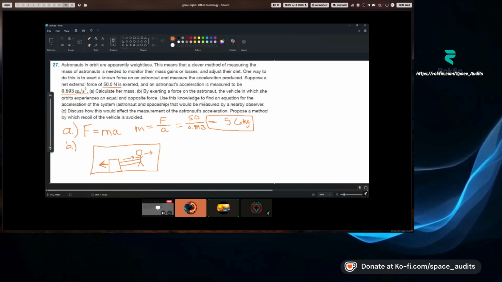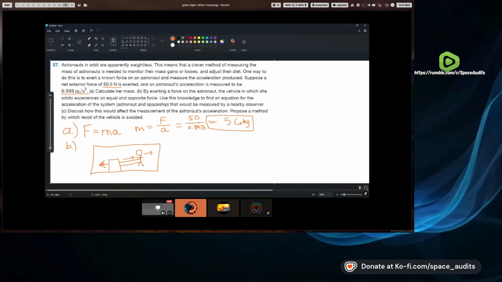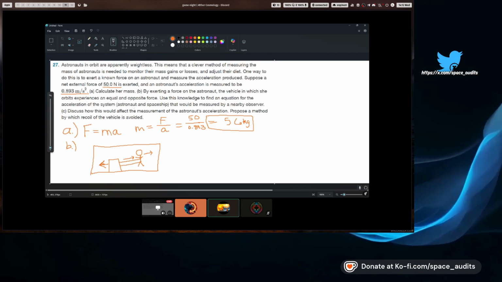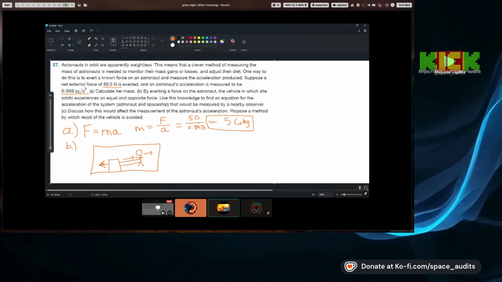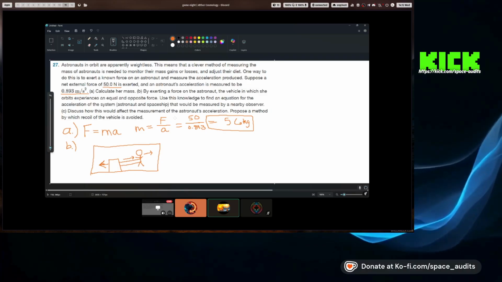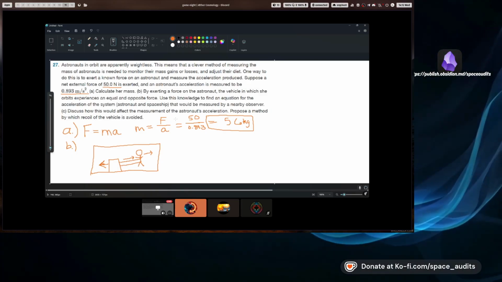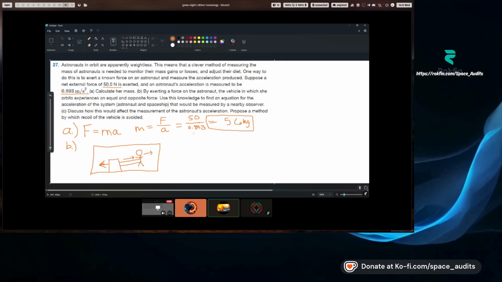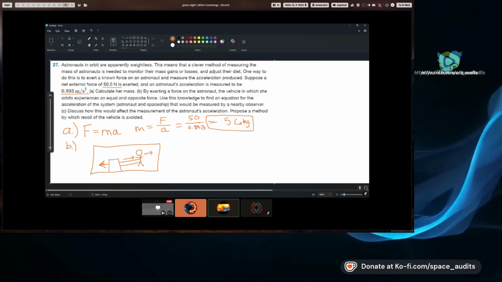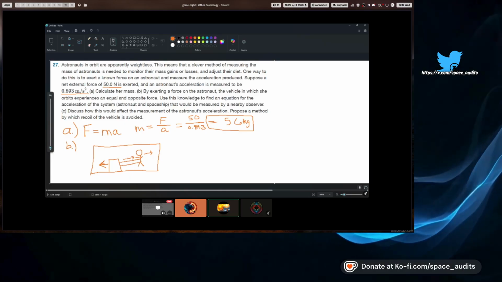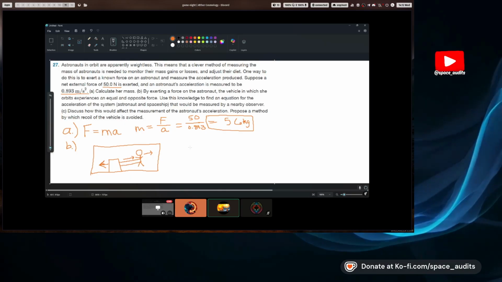So we need to find an equation for the acceleration of the system, the astronaut and spaceship, that would be measured by a nearby observer. We need to see how much she's moving and how much the spaceship is moving, because both are going to be moving, in opposite directions.